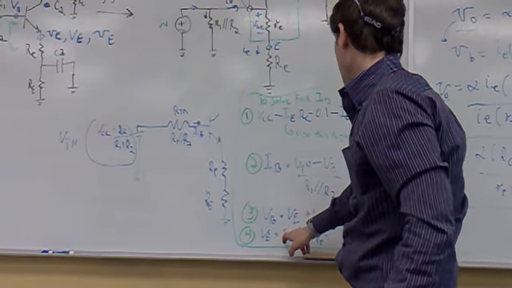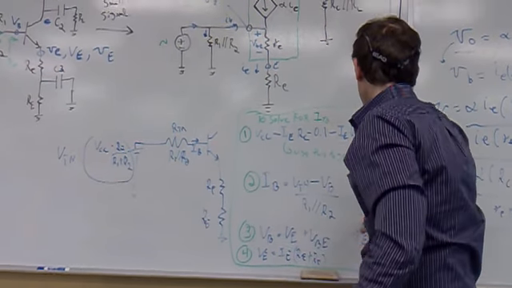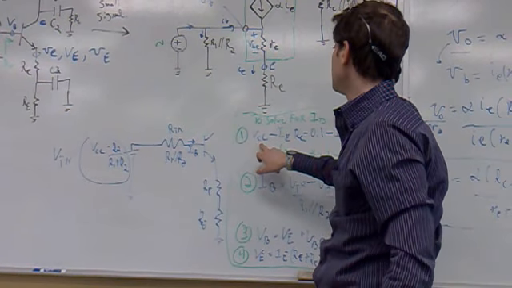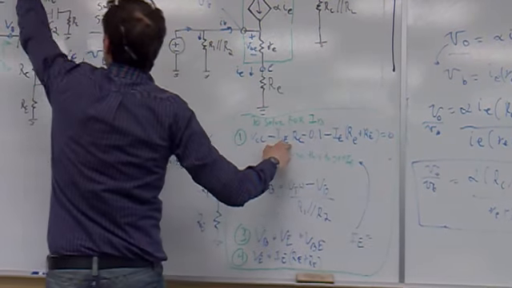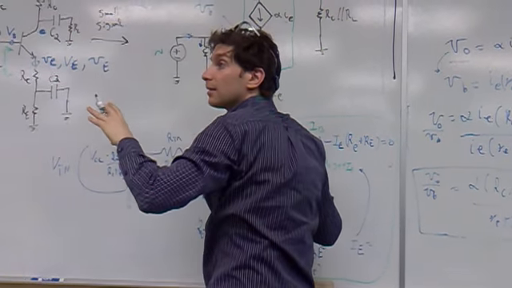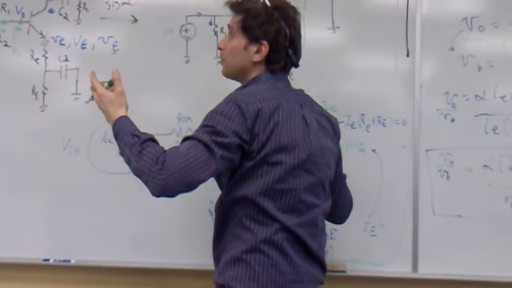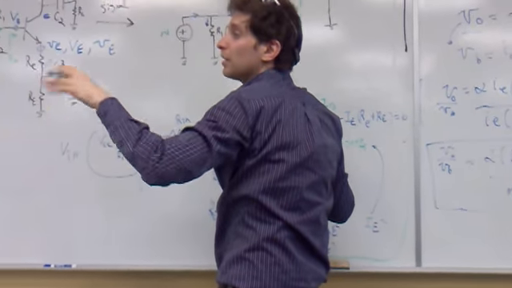Okay. Now, the question is, we have this. What's IE? IE comes from here. VCC minus IE. Well, look what I'm doing. I'm assuming that IE is equal to IC here, right? Because I know that IE is close enough.